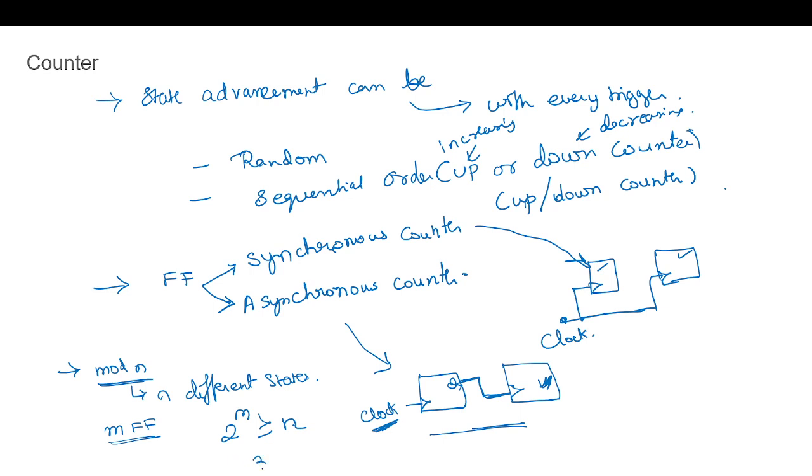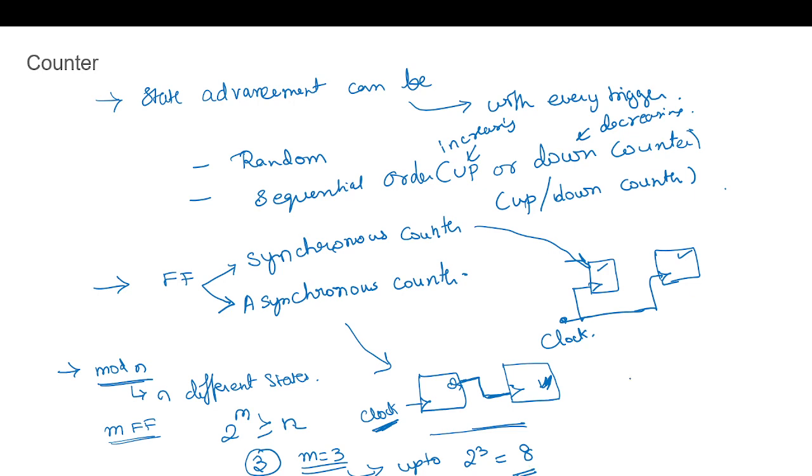Meaning, if we have 3 flip-flops, then m will be 3, and the counter can count up to 2 to the power 3, which is 8. So we can get 8 different states.